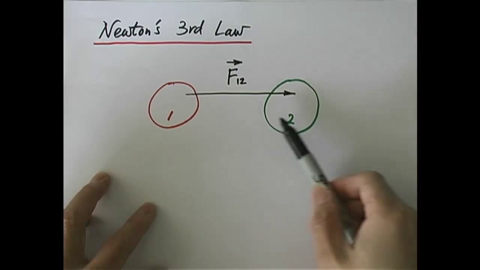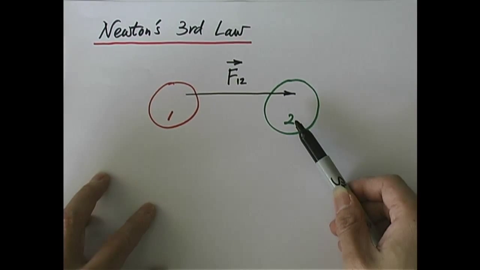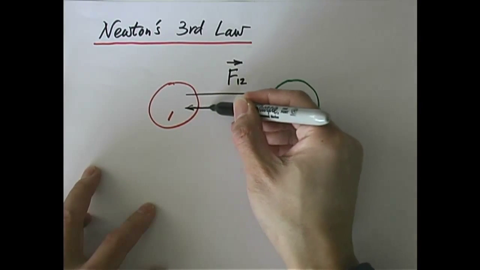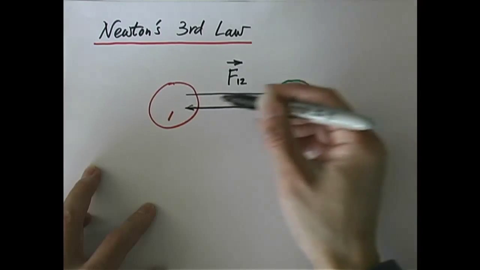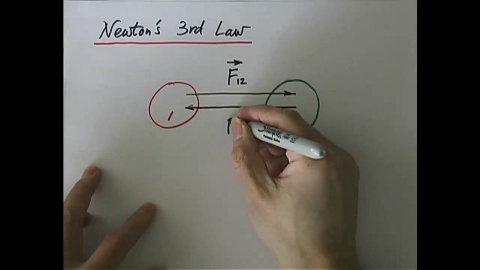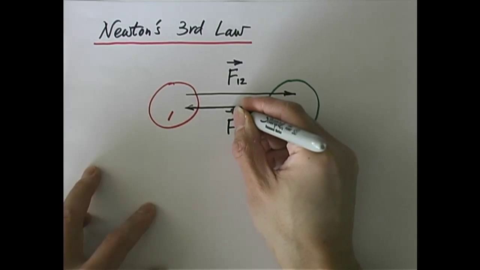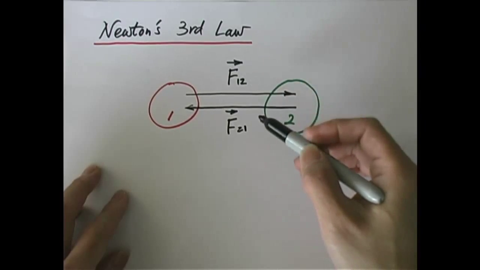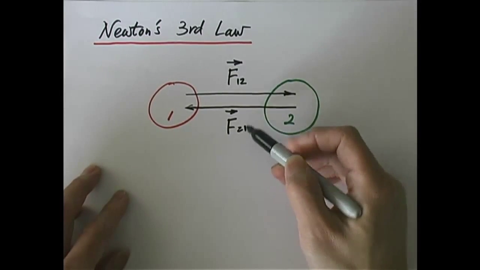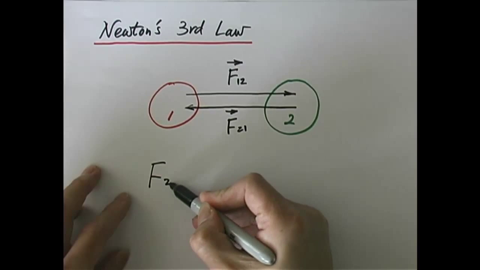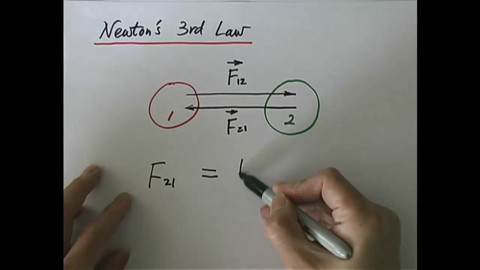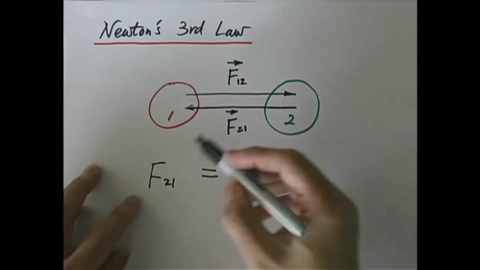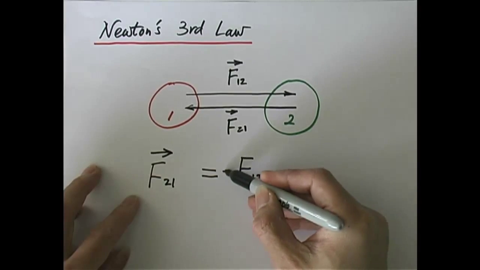When object 1 exerts a force on object 2, which is F12, then Newton's third law demands that another force would be exerted by object 2 on object 1. And that force, of course, is called F21, the force exerted by 2 on 1. Newton's third law says this force, F21, has the same magnitude as F12. The only difference is that these two forces differ by an opposite sign.